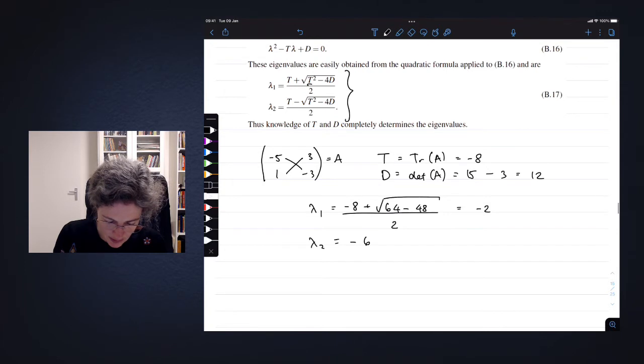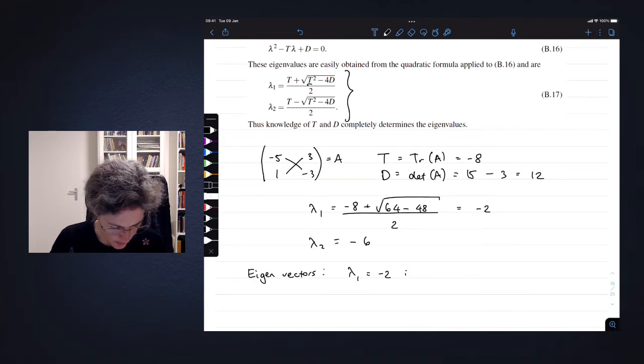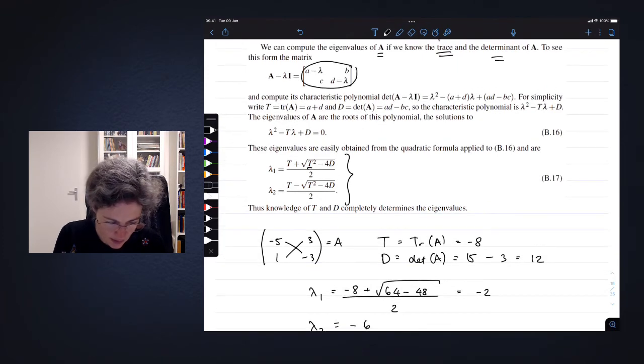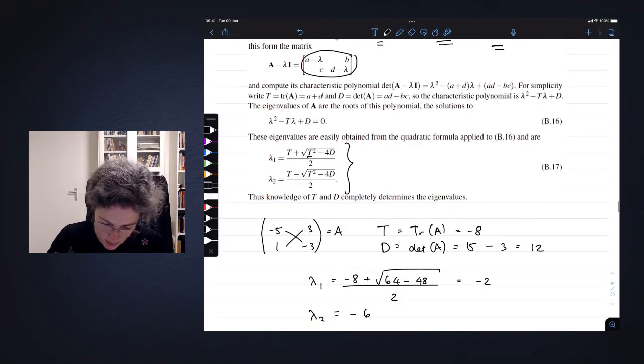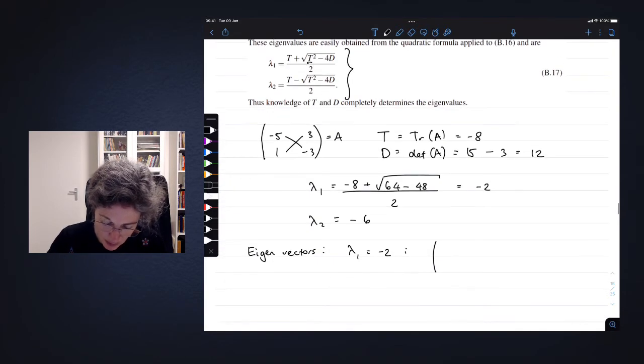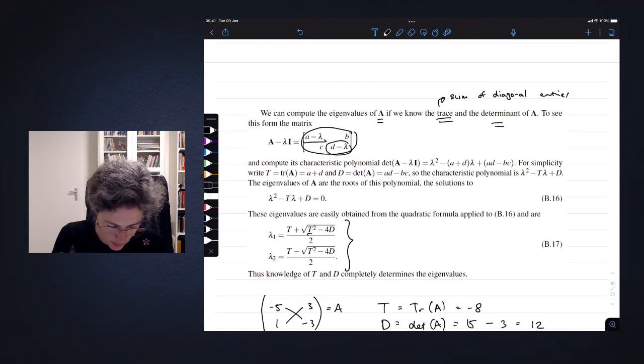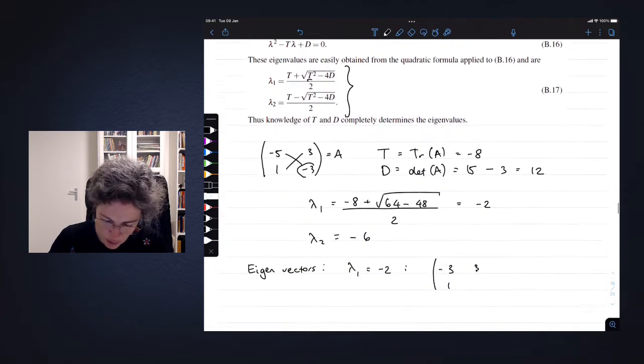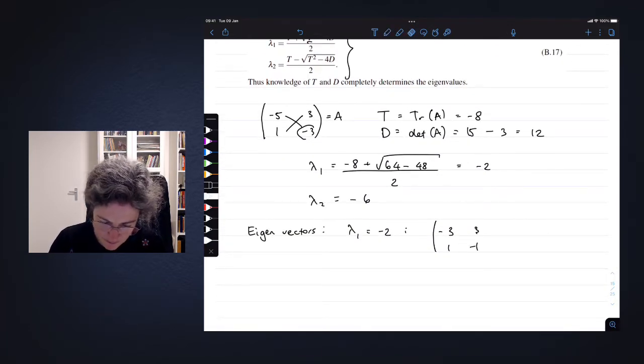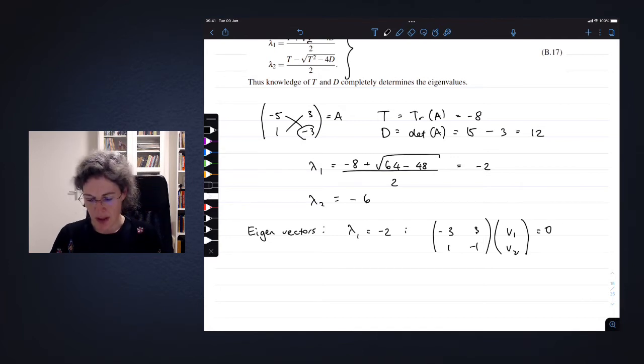We could also work out the eigenvectors. If we look at lambda 1 equal to -2, then we're solving the equation: here we've got -5 minus -2, so that's -3, 3, 1, and over here we've got -3 minus -2, so that's -1, times (V1, V2) equal to (0, 0).